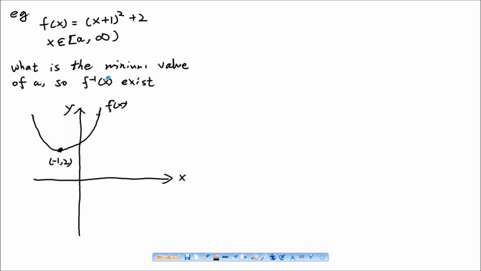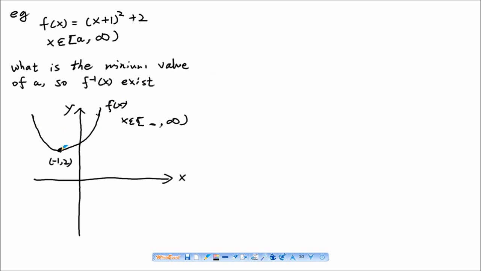To do that, we know the domain is a number until positive infinity. What will be the minimum number so that this graph is a one-to-one function, so the inverse function exists?